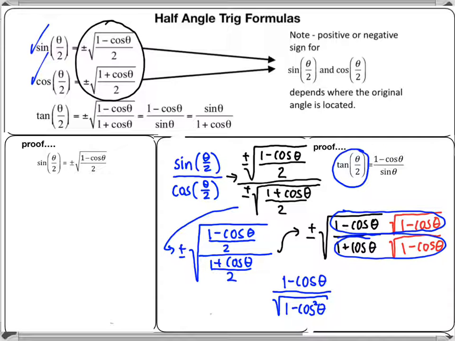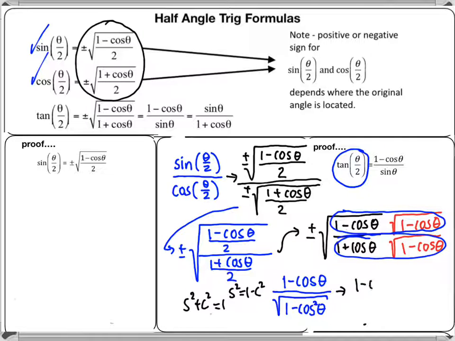And so I know that, looking at the Pythagorean identity, sine squared plus cosine squared equals 1. And so it would follow that sine squared equals 1 minus cosine squared. So I can replace that with just sine squared on the bottom.